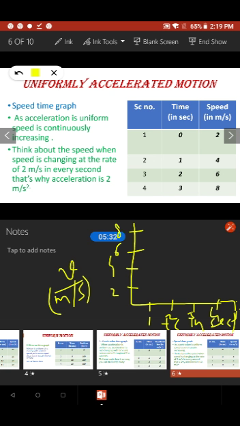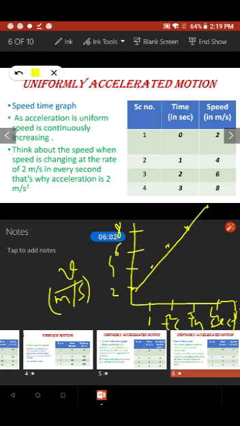Choose scale wisely. At 0 second, the velocity is, let us take 2. After 1 second, velocity is 4. After 2 second, velocity is 6, then 8. Then if you have taken it और लेते जाइए, the graph is like this.